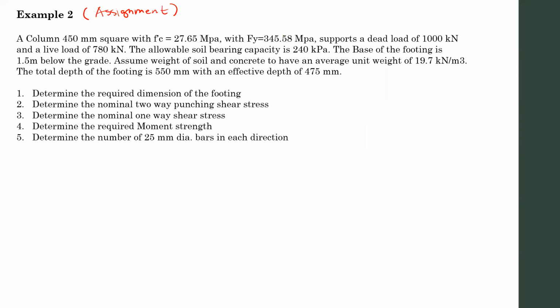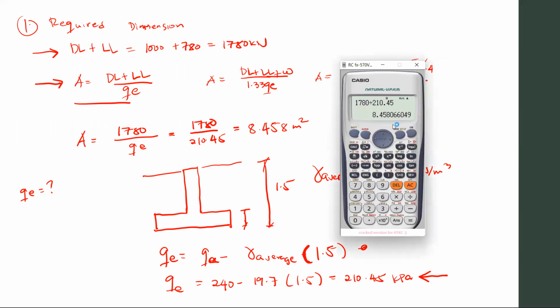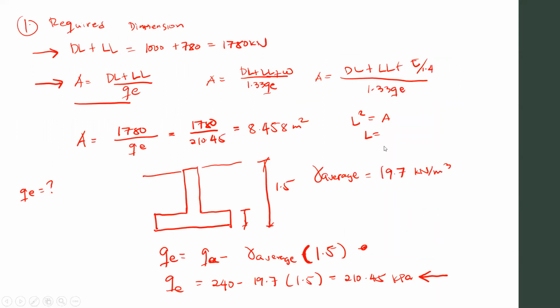But for simplicity, wala ka namang binigay na restriction kung ano yung width or yung length. So we can use square footing. So L squared is equals to A, 'di ba? Therefore, your L is equals to square root of 8.458. So yung square root, class, is 2.9 meters.